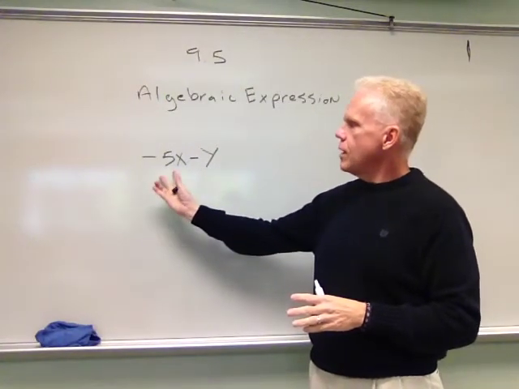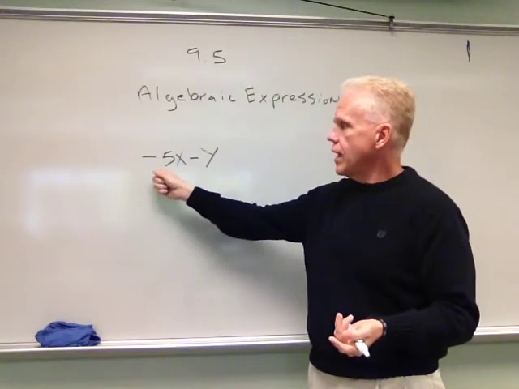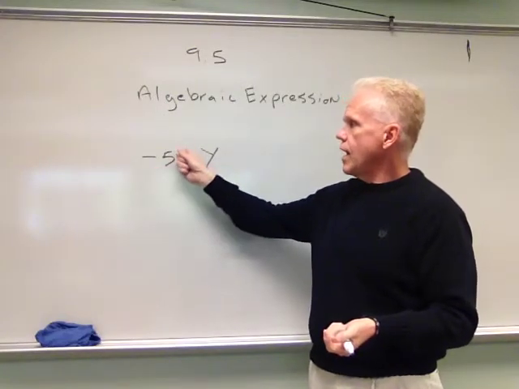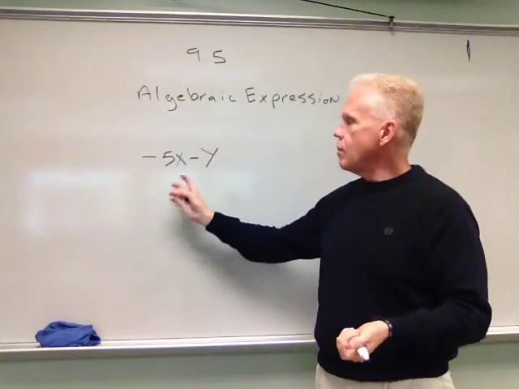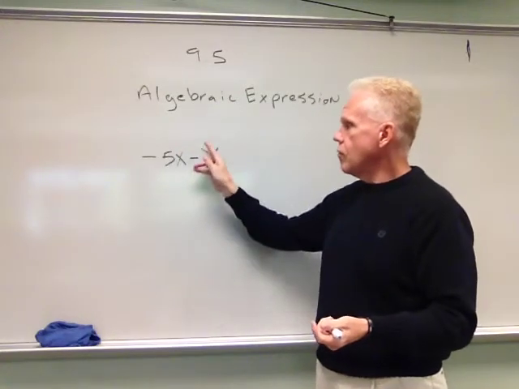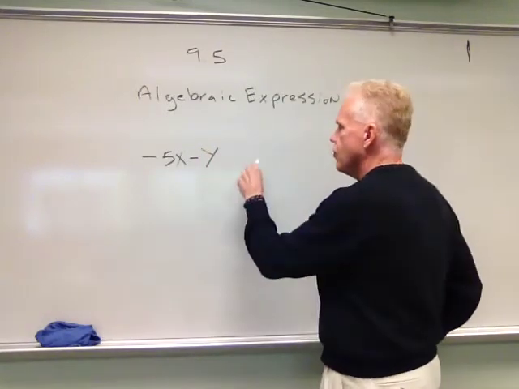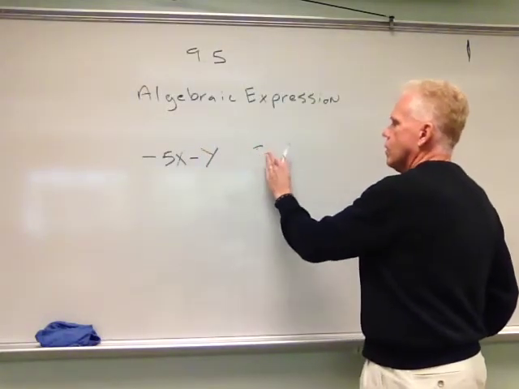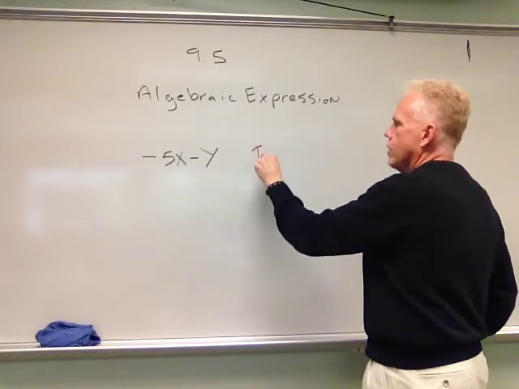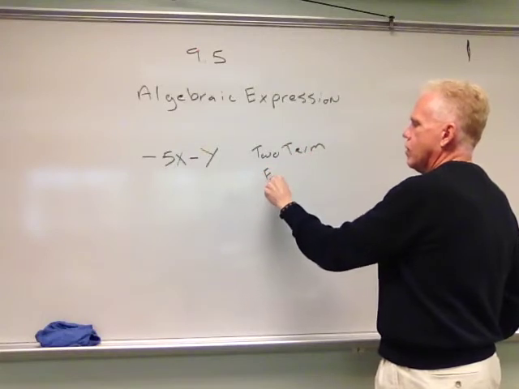The first term is -5x. The coefficient on the -5x is the -5. It does not have a power. And then the second term is the -y. The coefficient on the -y is an understood -1 right there. All right, so this is a two-term expression.